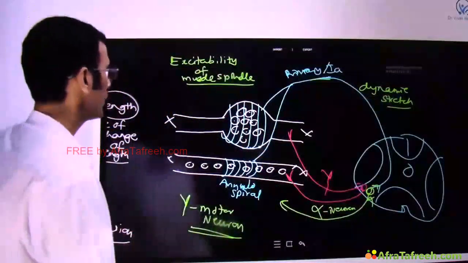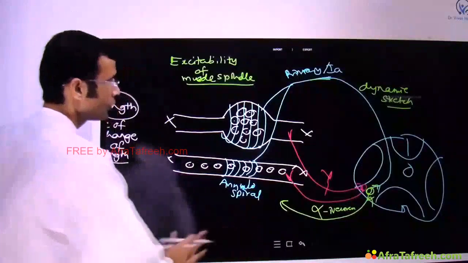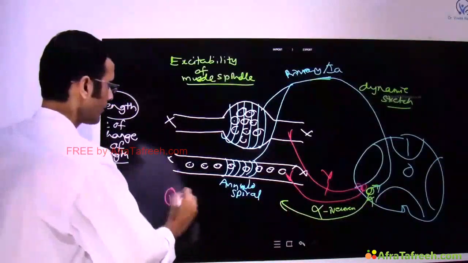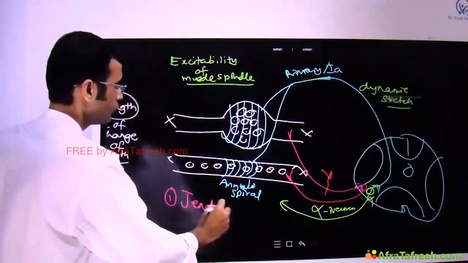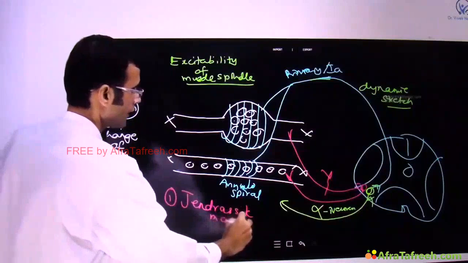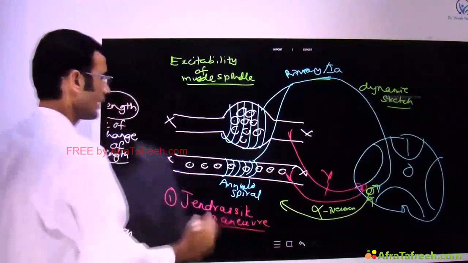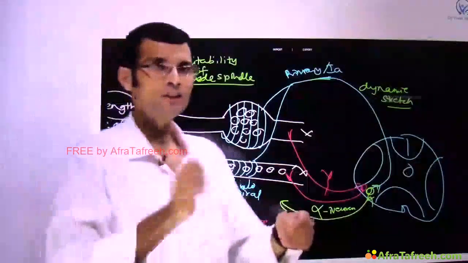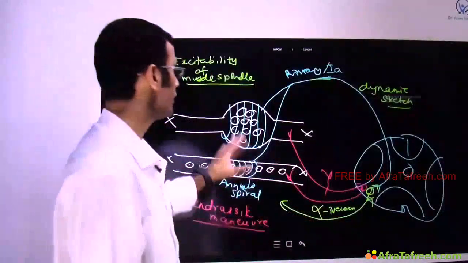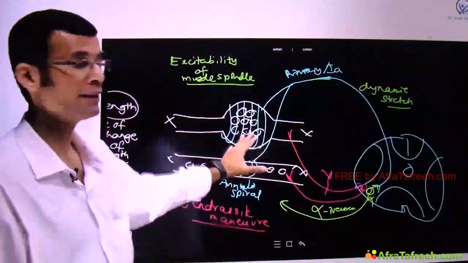And therefore, let me mention two things in the context of gamma motor neuron. One is Jendrassik maneuver. When you don't get the knee jerk properly, we have already said that the receptor for the knee jerk is the muscle spindle, these intrafusal fibers.